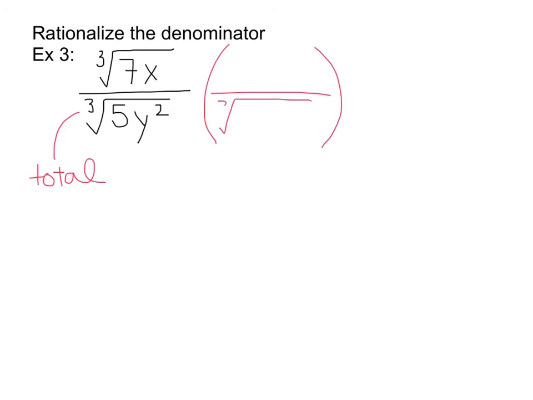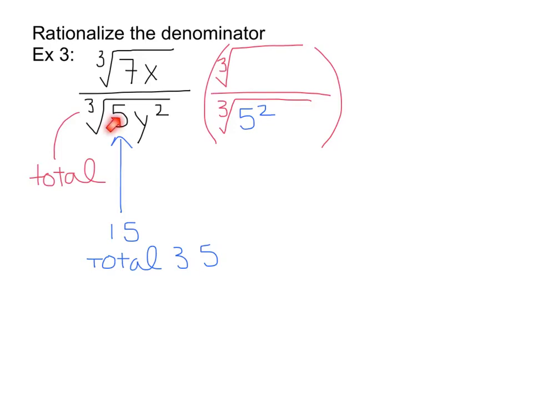Since both of these are cube roots, right now you have one 5. You need a total of three 5s. So you need two more 5s to get to a total of three. So let's check. One 5 plus two 5s gives me three 5s.